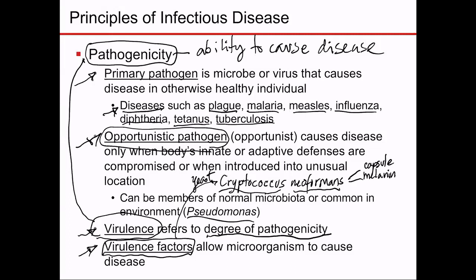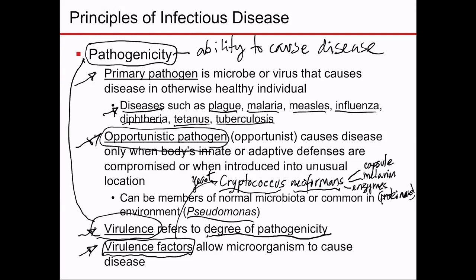Other potential virulence factors that this particular microorganism may bring are, for example, production of enzymes like proteinase, and then other factors that could also be considered virulence factors.